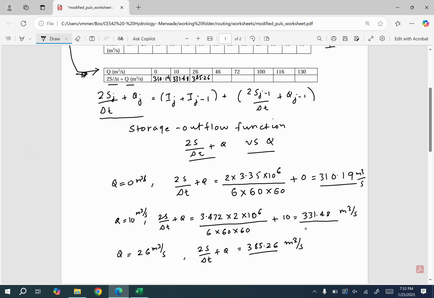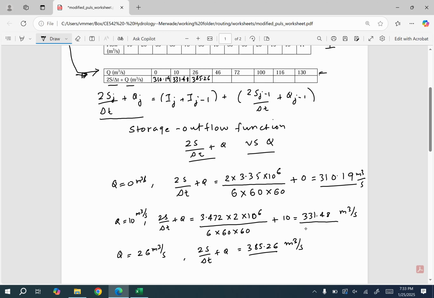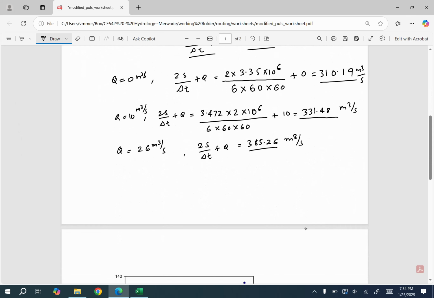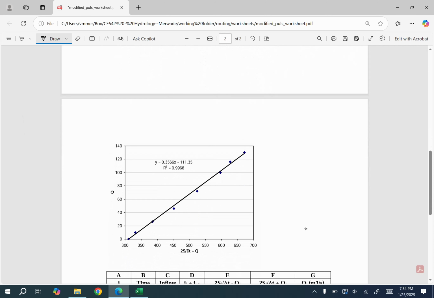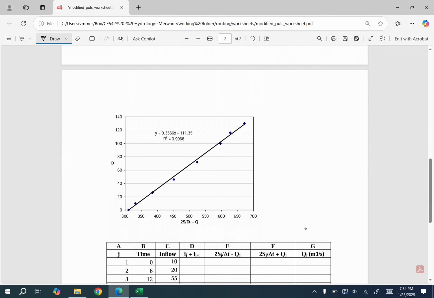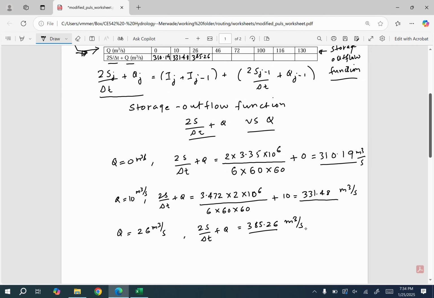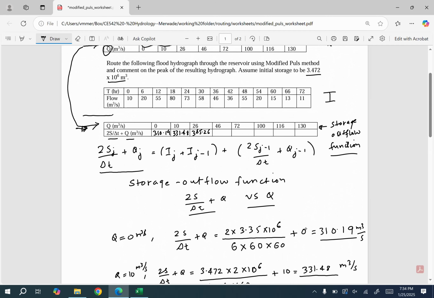When you do this, what you have is our storage outflow function. Now you may say these are just values, it's not a function. So what you can do is plot that in Excel, and these are the points that we plotted by using the values we have in this table.